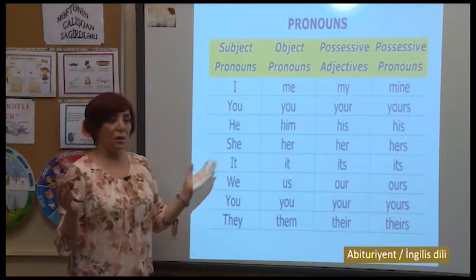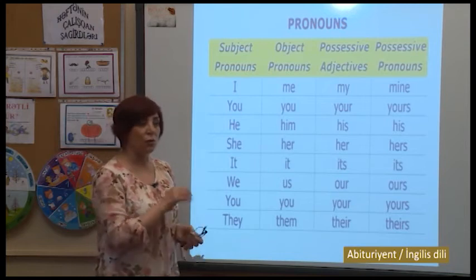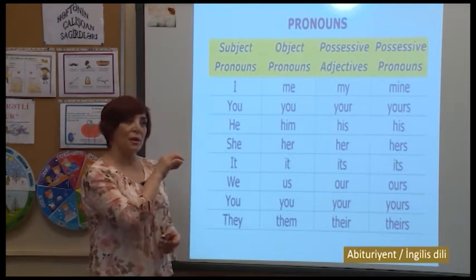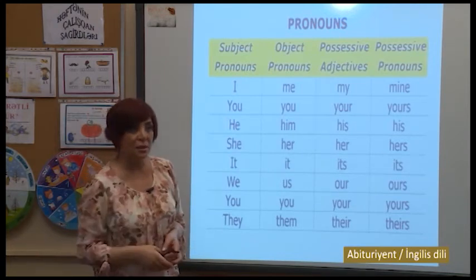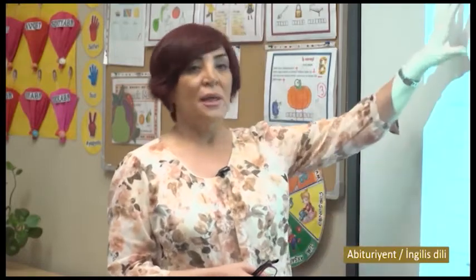And how to identify which is subject and which is object? Of course, according to their position in the sentence. If they stand at the beginning of the sentence, before a verb, they are subject pronouns, but if they come after the verb, in the middle of the sentence, they are object pronouns.